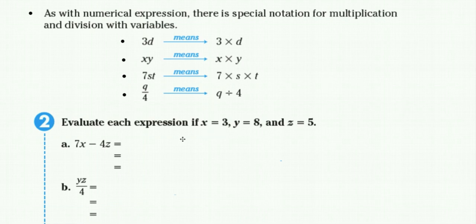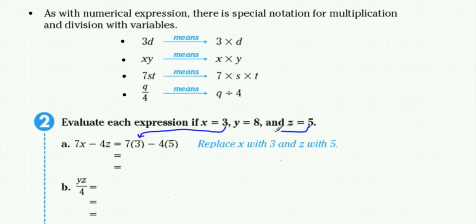Okay? So in this case, we want to evaluate this expression in example 2. 7x minus 4z, where x is 3, y is 8, and z is equal to 5. Again, the first step in evaluating is to substitute the value for x and the value for z, and that's why we end up with 7 times 3 minus 4 times 5. Why is that? Because the value of x is 3 right there, and the value of z is 5 right there.